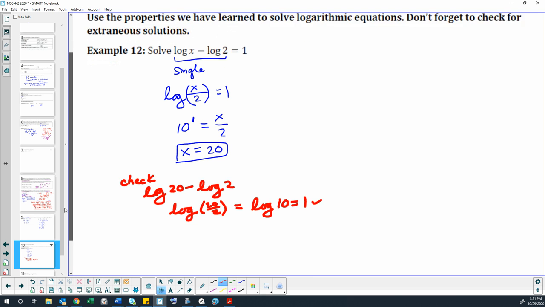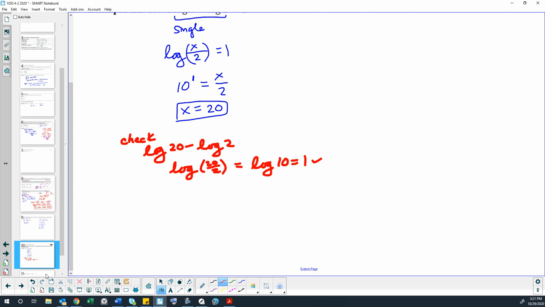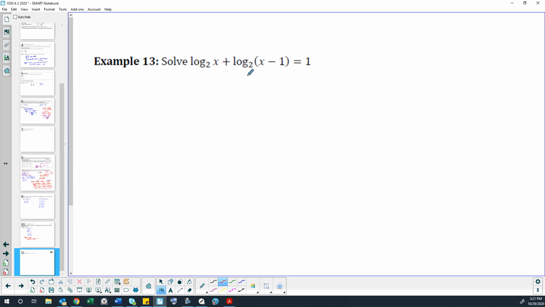Let's look at our last example here, number 13. Again, we're going to solve our logarithm by writing these as a single logarithm and then maybe changing this to exponential form. So they're both base 2. To write this as a single logarithm, I have to keep the base 2.